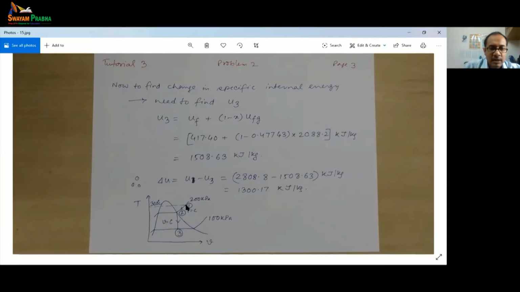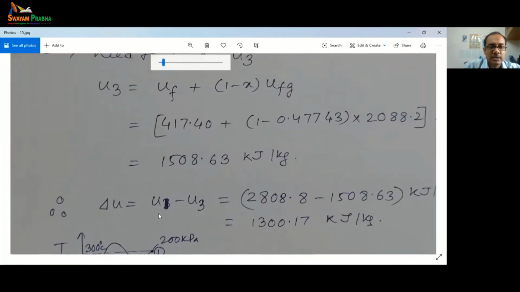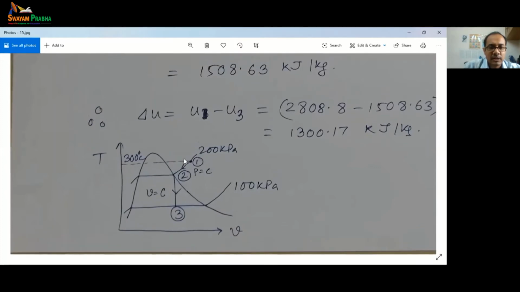Okay, now physically you look at this diagram closely. This is the intuition you have to develop, how things look on a particular diagram. So this is a temperature-specific volume diagram, and this dome that you see, we call it the saturation dome.